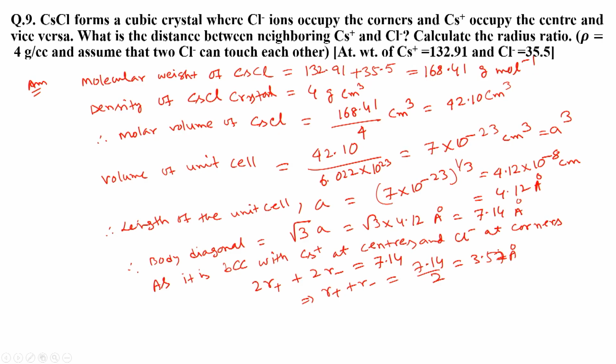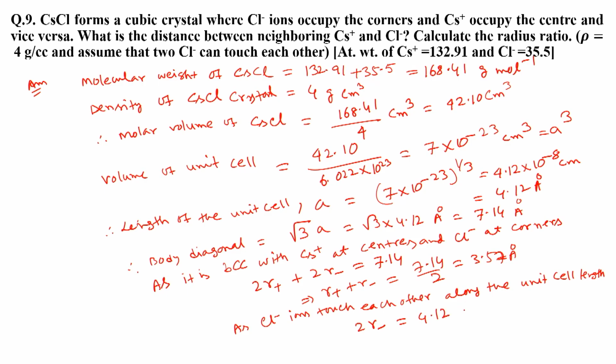Now as Cl minus ions touch each other along the unit cell length, we write 2R minus equals the unit cell length. Okay, 2R minus is 4.12, radius of Cl minus.